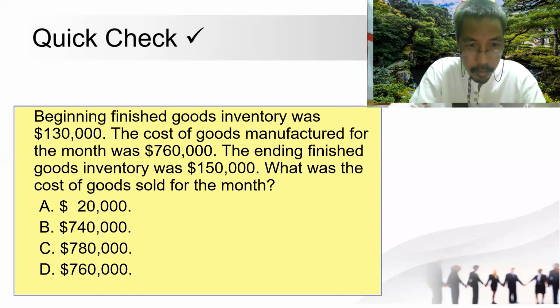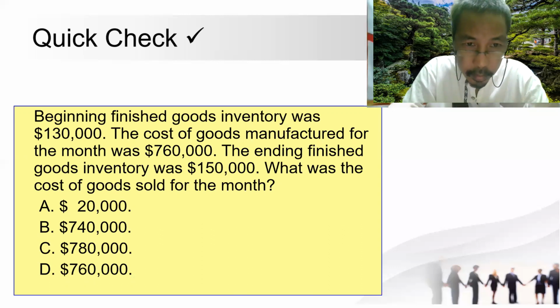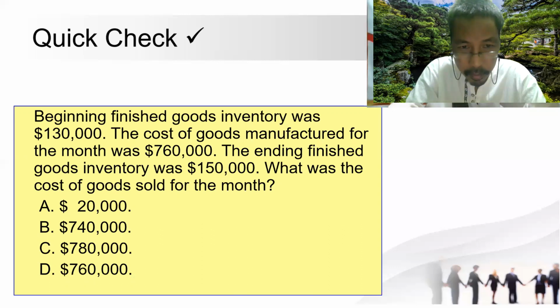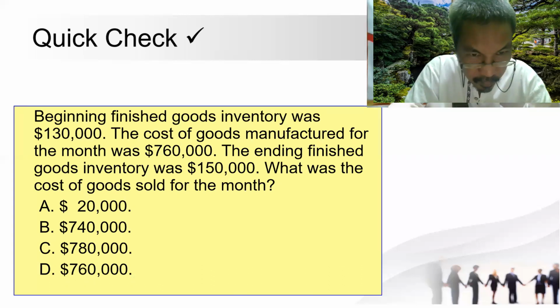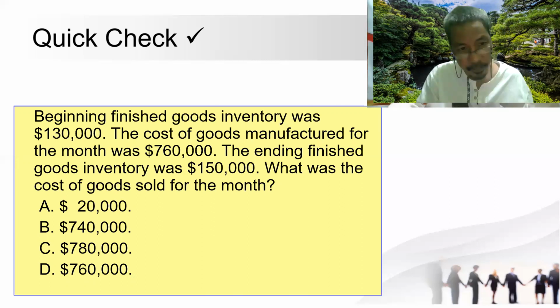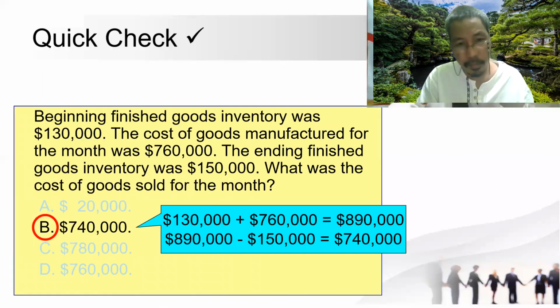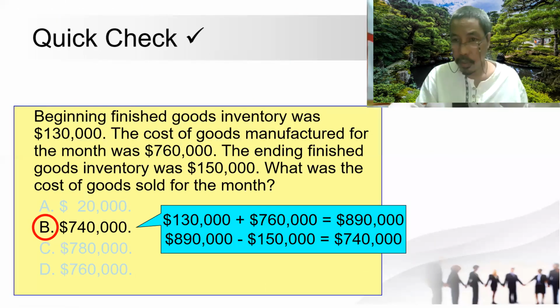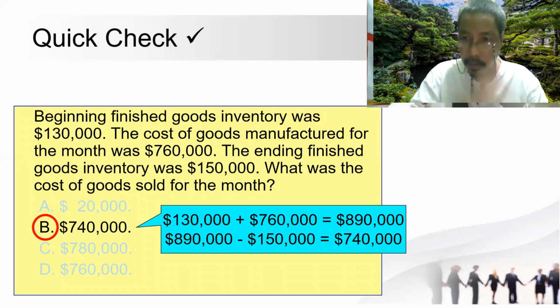The ending finished goods inventory was 150. So 890 minus 150, that is 740. So as simple as that. So that is how we compute it in sequence.